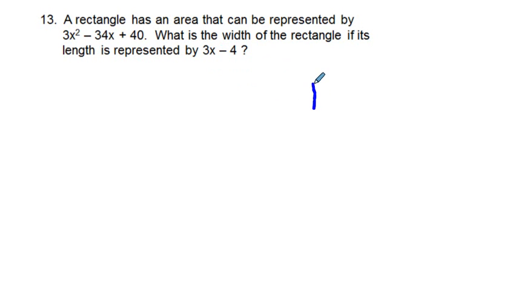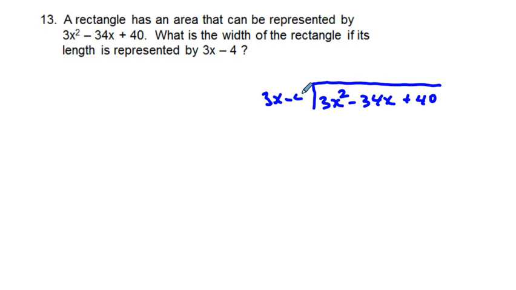I'm going to make a long division bracket and put 3x squared minus 34x plus 40, and divide by our divisor, 3x minus 4.